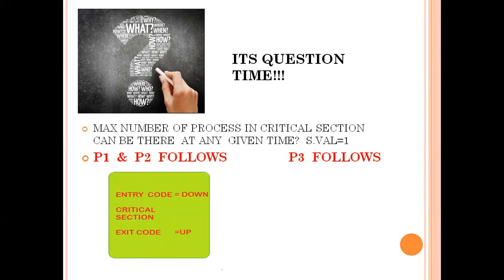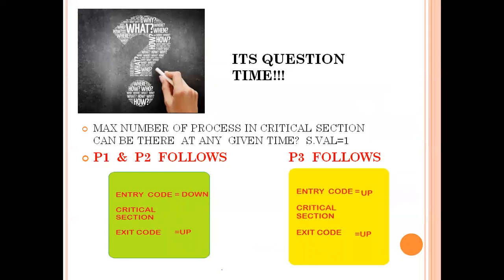It says that process 1 and process 2 follow this code. That is, when they enter the critical section, they perform the down operation, they enter the critical section, and when they exit the critical section, they execute the up operation. While process 3 is a little different, hypothetical.